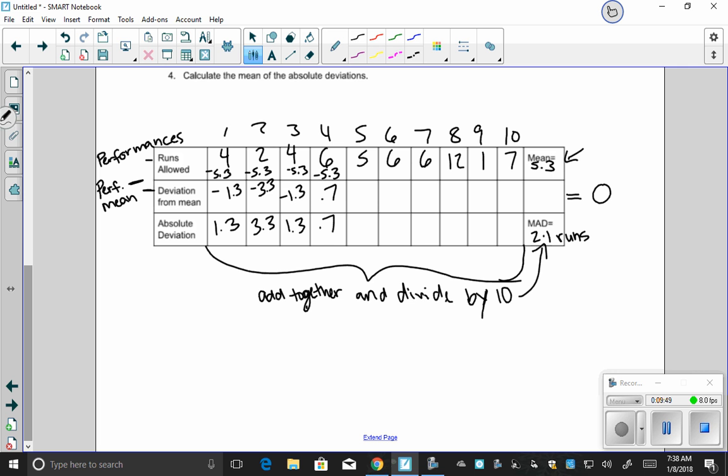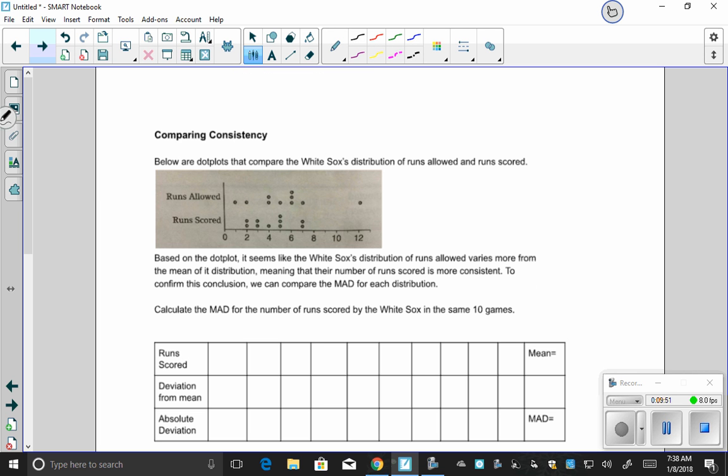And the reason why your sum is always going to be 0 is because that is the distance from the mean. Your mean is the middle value of your data. So if we subtract everything from the mean and then add it together, it's going to get 0. It's the middle of the data.